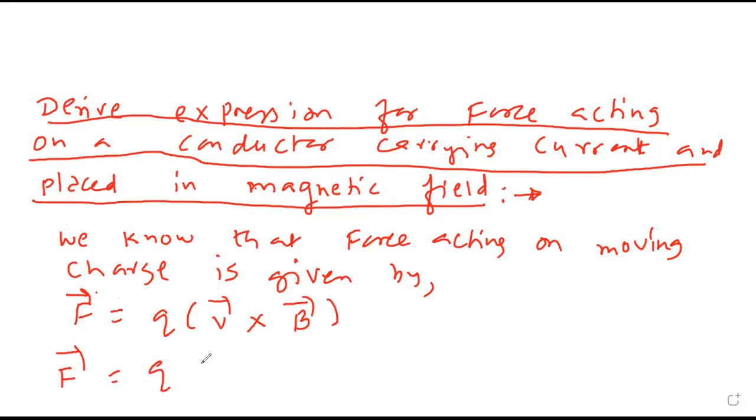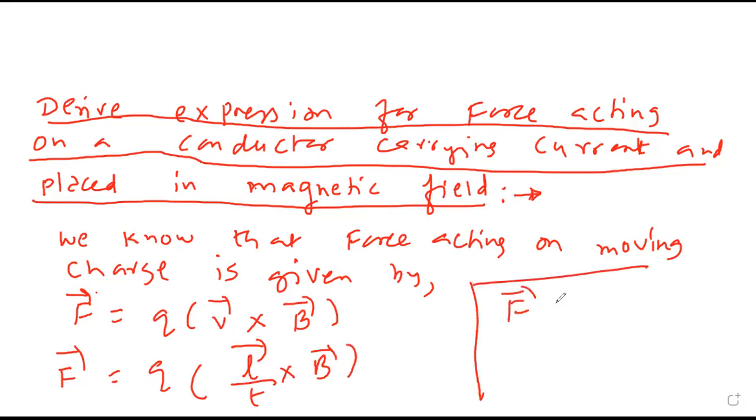That is same as Q, velocity is distance upon time, cross B bar. That is F bar will be Q by T into L bar cross B bar.